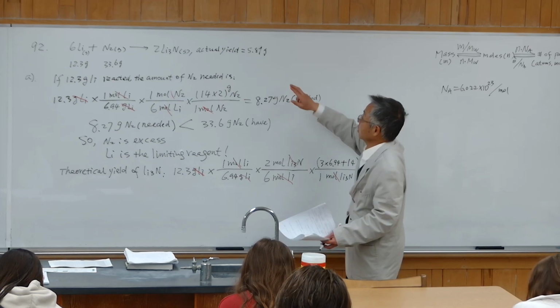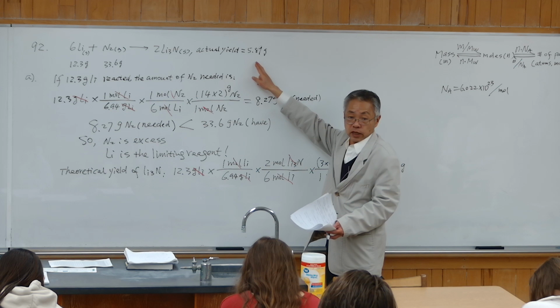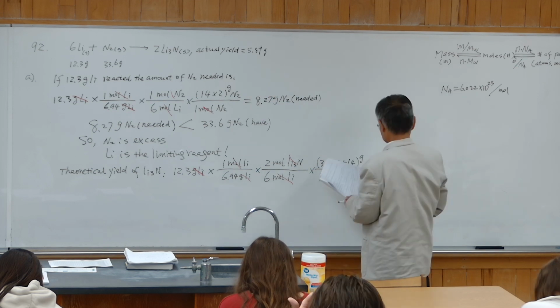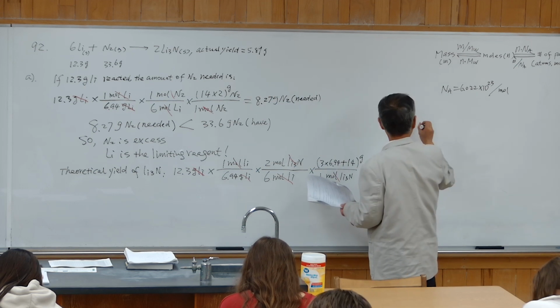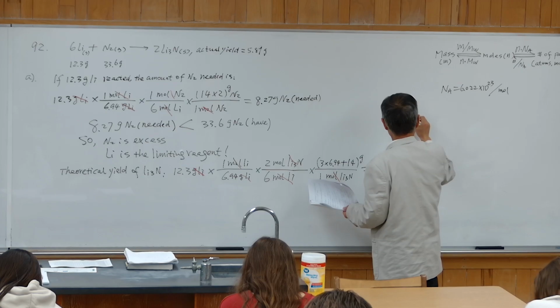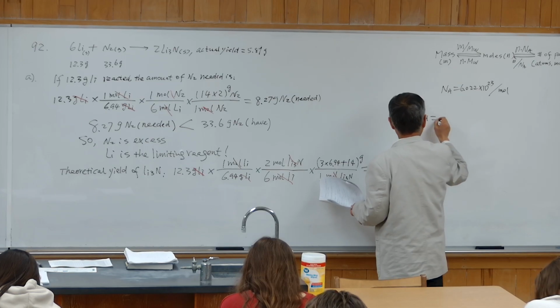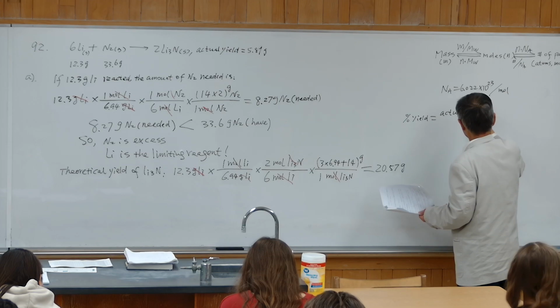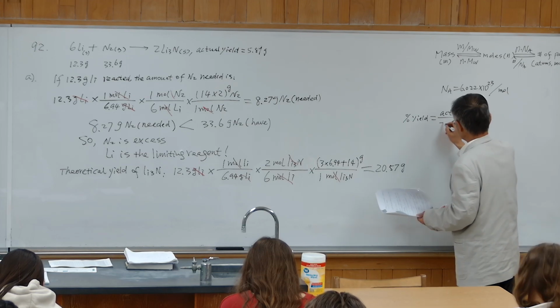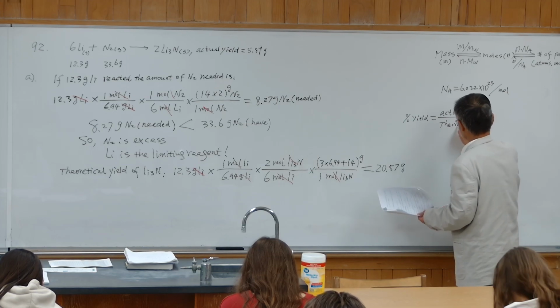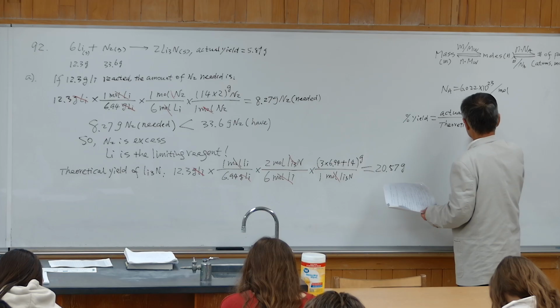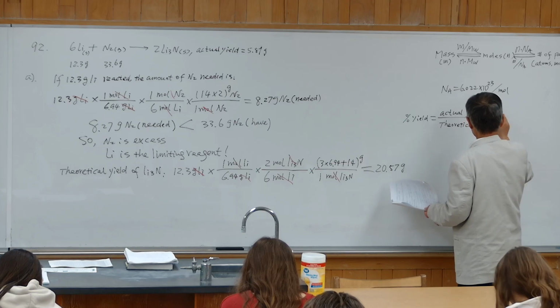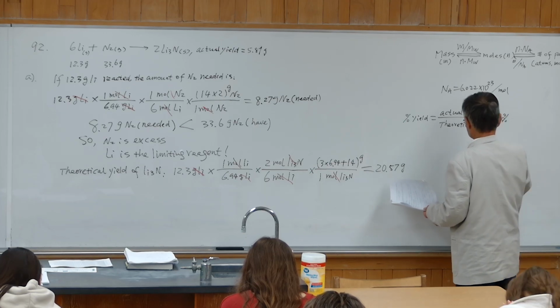Then we can calculate percent yield together with the actual yield. Percent yield equals actual yield divided by theoretical yield times 100%.